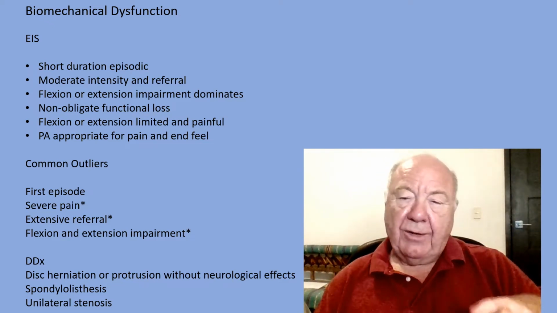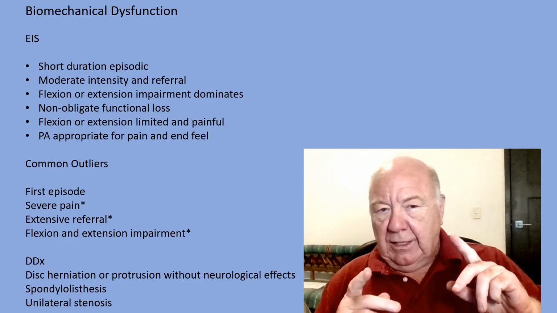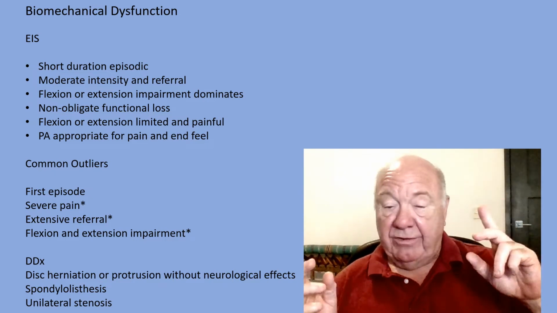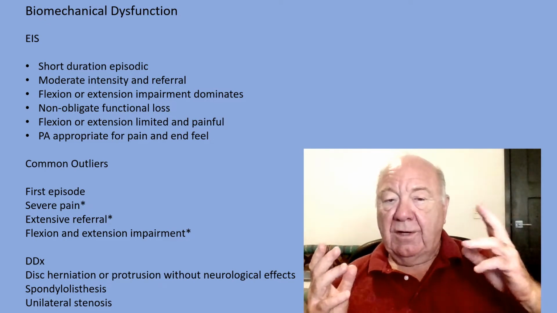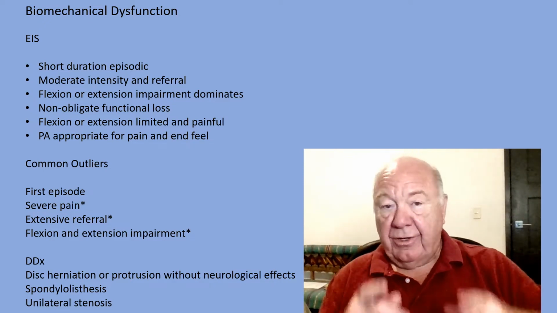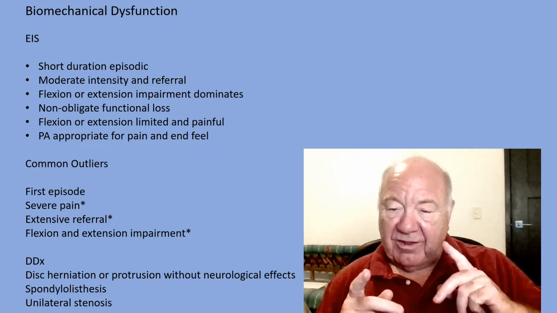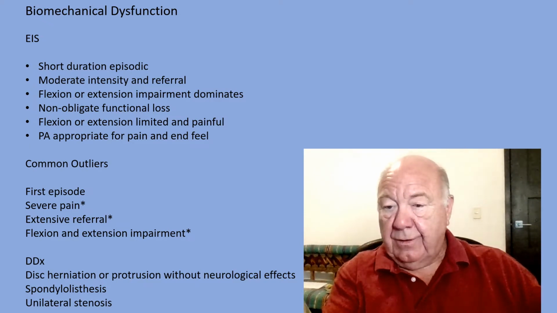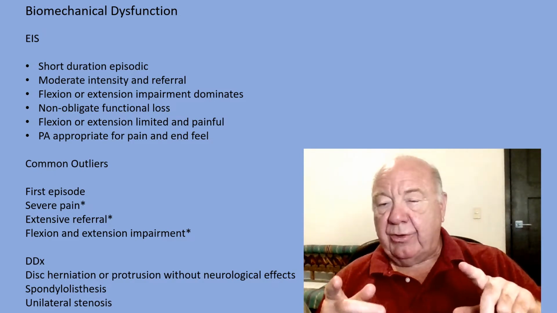All of this is about the severity of the pain, but if you now start thinking in these terms, first episode, or at least never had an episode before, severe pain, extensive referral, flexion and extension impairment, you are now thinking of a disc herniation rather than a biomechanical dysfunction. And your examination, when it disproves the disc herniation, then brings you back to biomechanical dysfunction or something else.